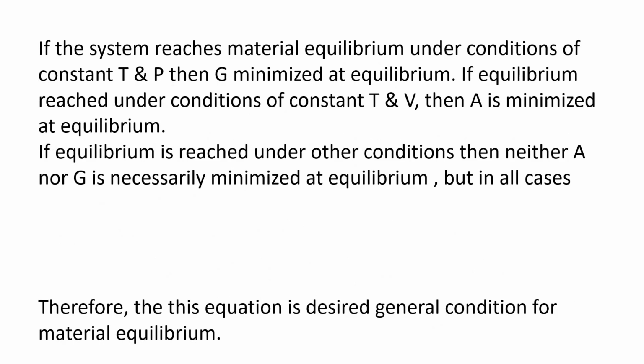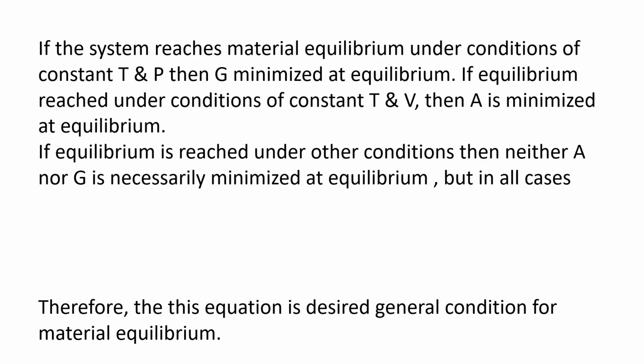Therefore, if the system reaches material equilibrium at constant temperature and pressure, then G is minimized at equilibrium. We have seen dG will be equal to 0. If equilibrium is reached at constant temperature and volume, A, that is the work function, is minimized at equilibrium. But if equilibrium is reached under other conditions, not constant temperature and pressure or temperature and volume, then neither A nor G is necessarily minimized.